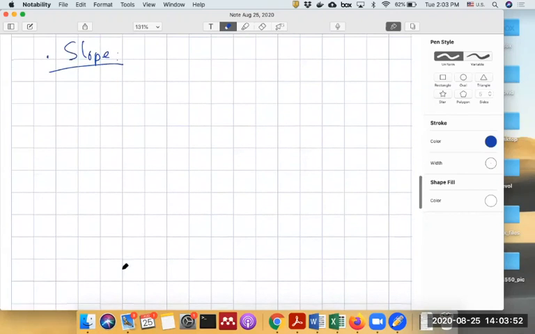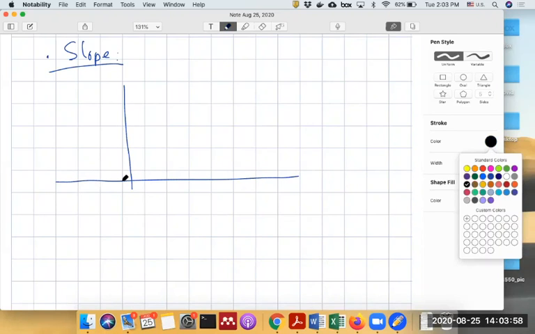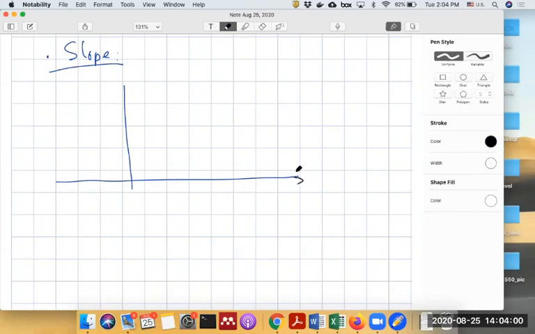If on the 2D graph, we're given 2 points, P and Q, and suppose in two dimensions this axis is X, this axis is Y, and the origin is right here.